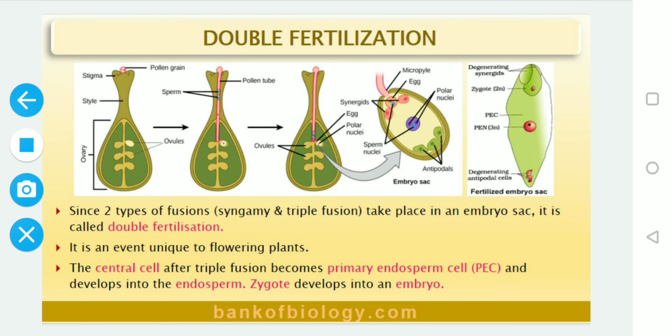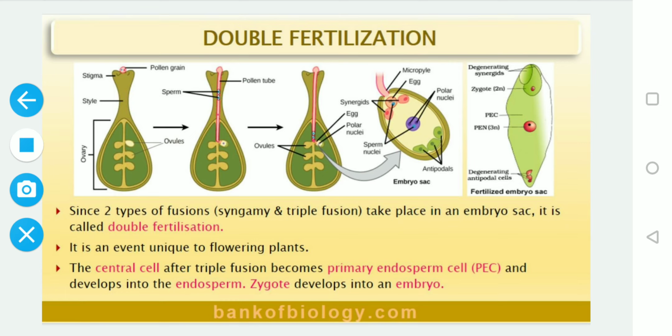We cannot see this characteristic in gymnosperms, pteridophytes or bryophytes. They do not possess this character. That means double fertilization and triple fusion is the unique character, one and only. Unique means one and only, which cannot be identified in any other group. So double fertilization is the unique characteristic feature of the flowering plants.